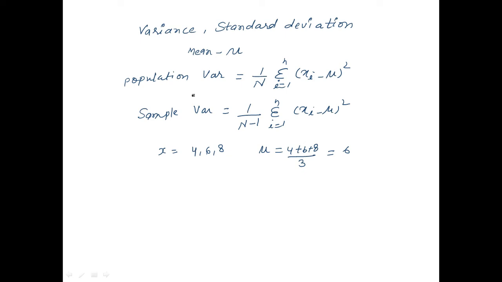So as per the formula of sample variance, it will be 1 by n minus 1. We have a total of 3 observations, so n minus 1 will be 2.